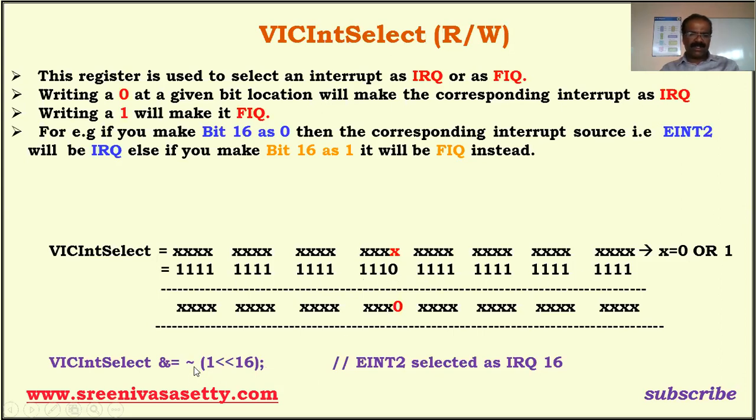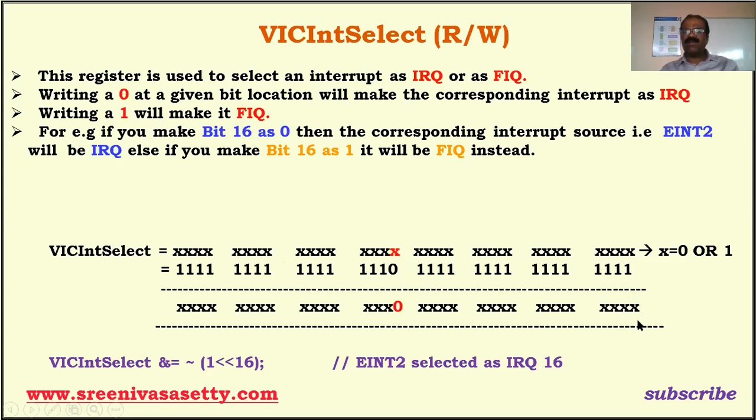Because of this inverter, it's going to invert everything, meaning 0 becomes 1 and 1 becomes 0. Here this becomes 0, the rest of the bits are 1. So what is the purpose of doing this? After getting this data, if you AND it with the initial content of the interrupt select register, it is going to retain all the other bits as they are. Suppose x equals 0, then 0 into 1 is 0.